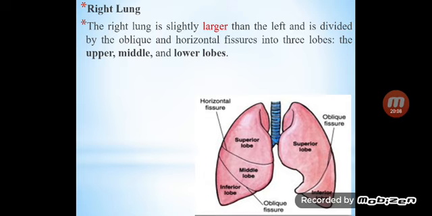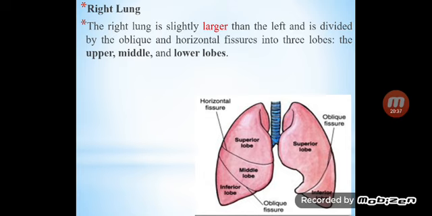So what about the horizontal fissure? It runs horizontally across the costal surface, at the level of the fourth costal cartilage. The horizontal fissure meets the oblique fissure. Where do they meet each other?